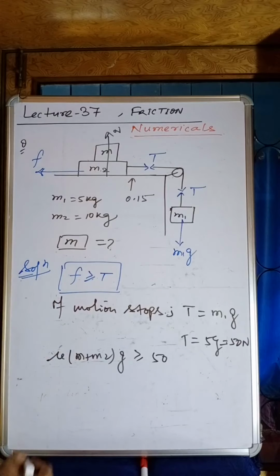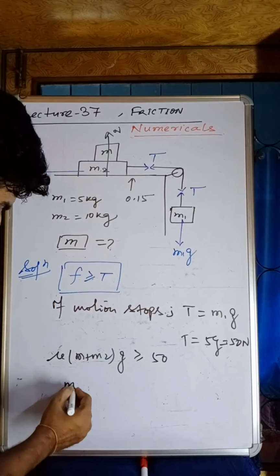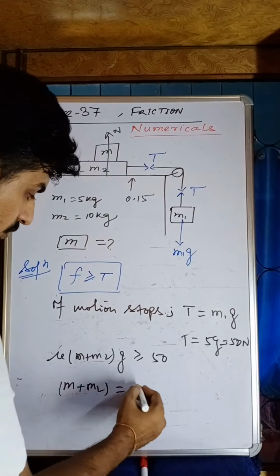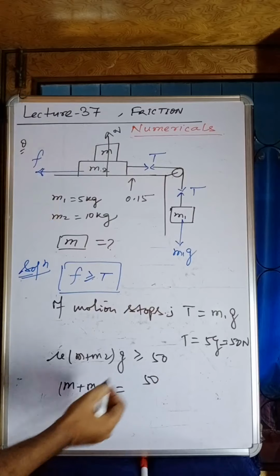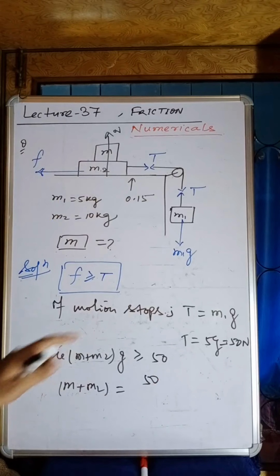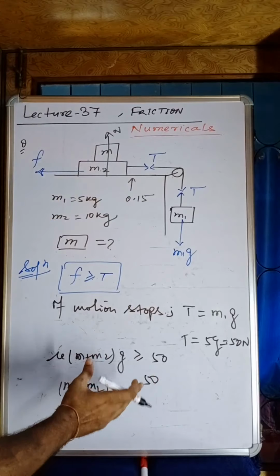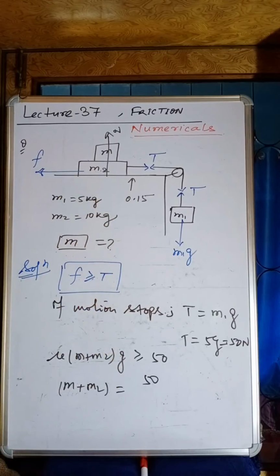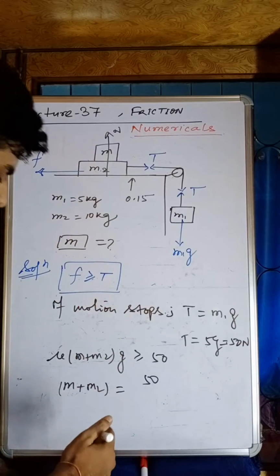Could you calculate? Yes. Then M plus M2 is equal to 50 divided by mu, which is 0.15, and g. Of course, if you put a very heavy mass it will stop, but we are finding the minimum mass we should put.